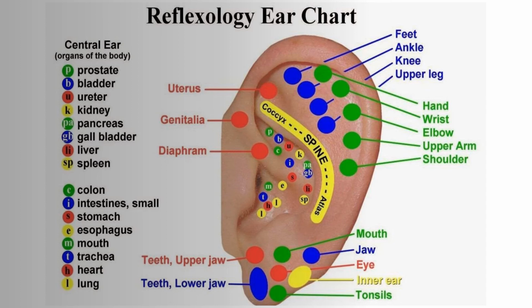So as I mentioned, you will see variations in terms of where things are located, maybe slightly more to the right or slightly more to the left, or a bit more superiorly, or inferiorly, I should say. But for the most part, there is a pretty standard agreed upon location in terms of the reflexology charts.